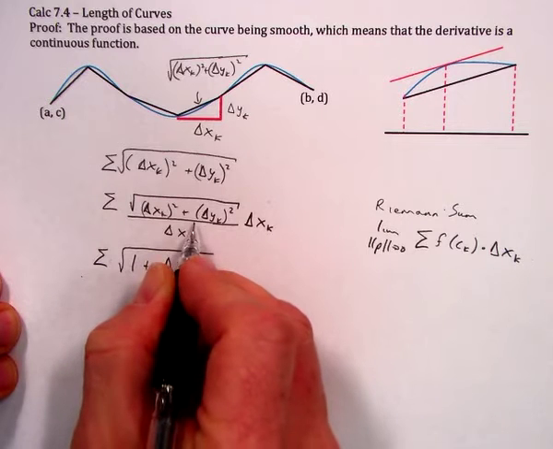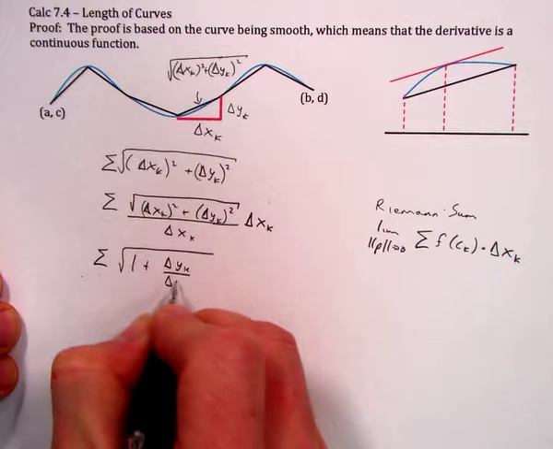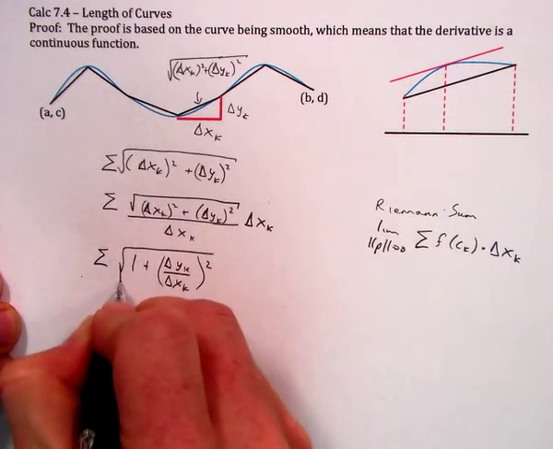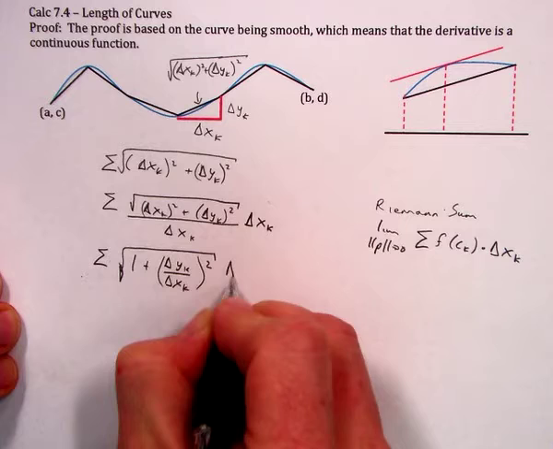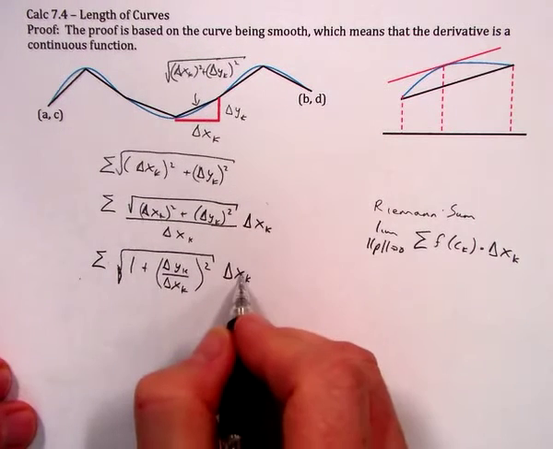When we bring it in, it'll end up being squared, so we can bring that inside this square, and we'll have delta x sub k quantity squared, and then times delta x sub k. So right now, this part looks good.